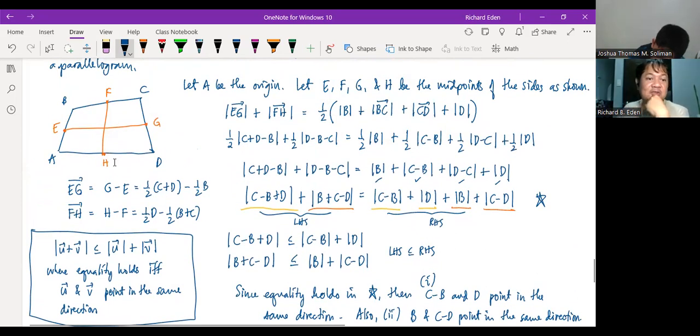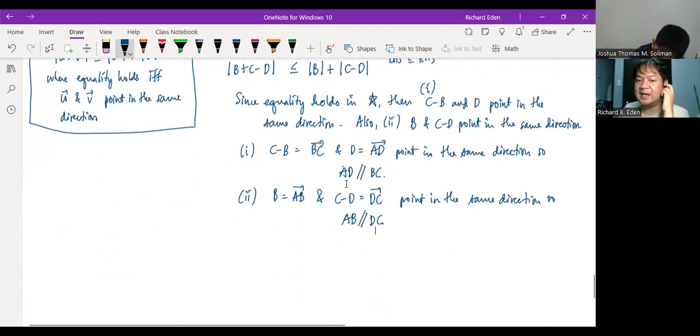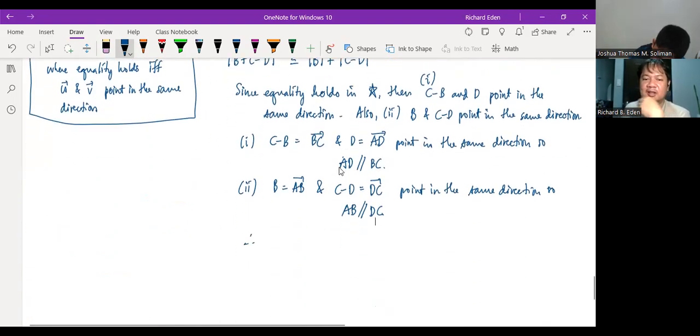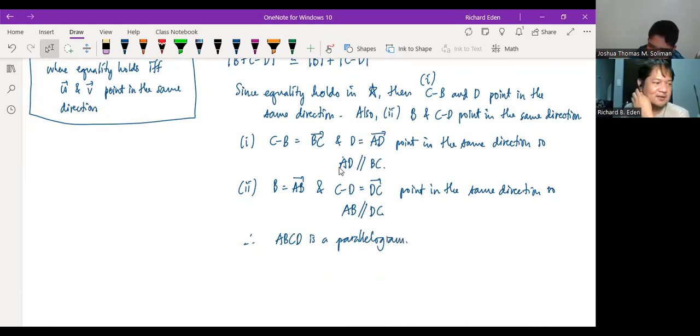The other pair of opposite sides, AB and CD, are also parallel. Therefore, ABCD is a parallelogram. Yay! We didn't even use the cross product or dot product here.